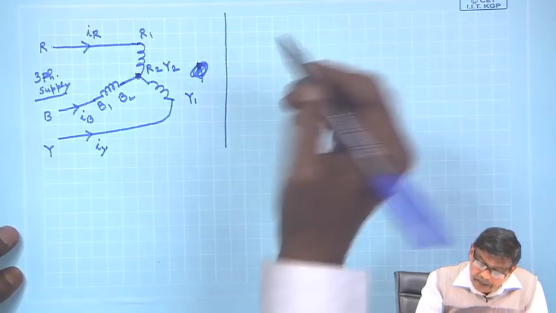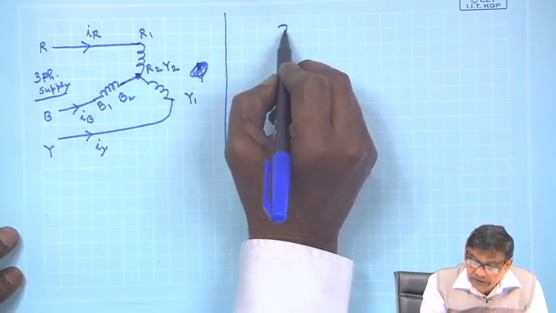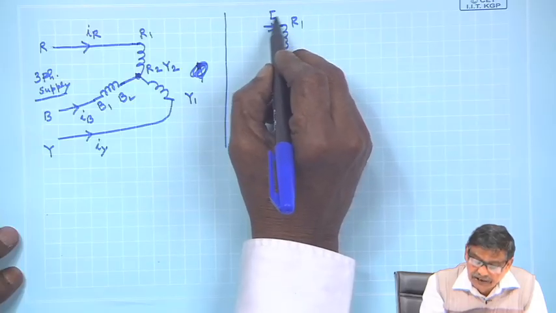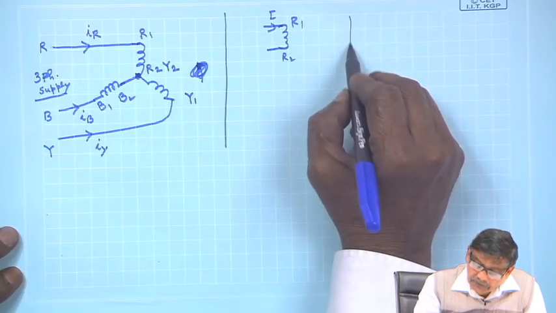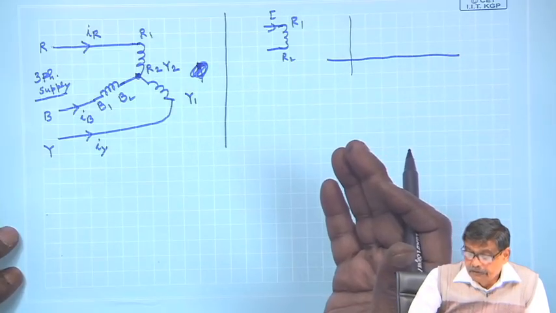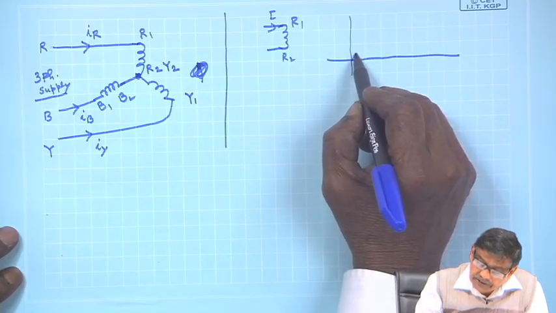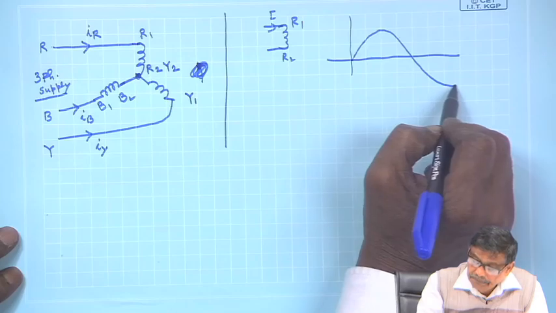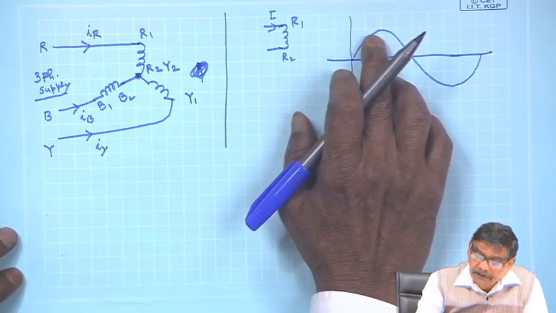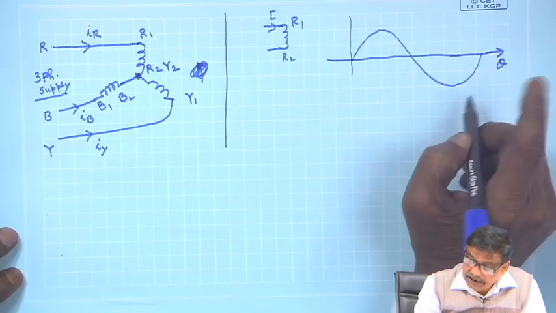For example, if you pass a DC current to any of the coils, say R1 R2 individually, suppose I have passed some DC current of constant value I, it will make a space distribution of B. If you consider only the fundamental component, it will have a peak value of this B. Here theta is the space angle.